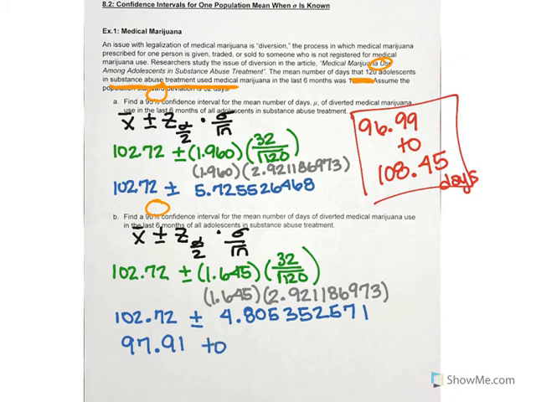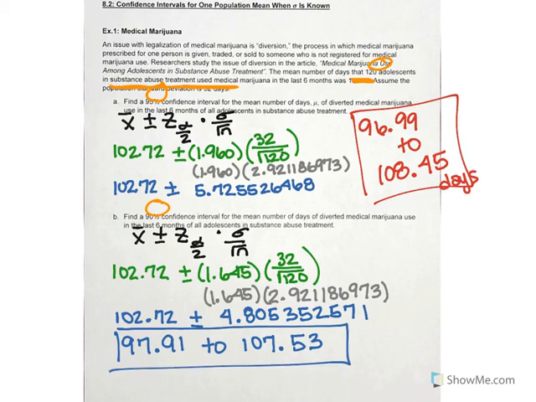And when I take 102.72 and add that margin of error of 4.8053 52571, you get 107.53, because that 2, that's 525, and that 5 makes that 2 go to a 3. So that would be my confidence interval. Still days, but that's for 90%.